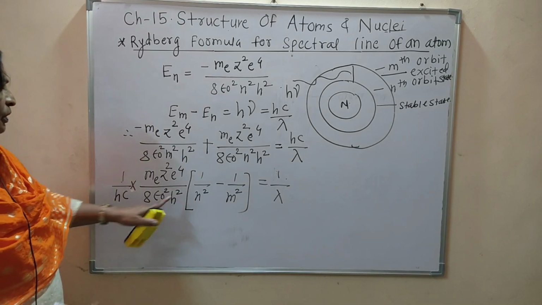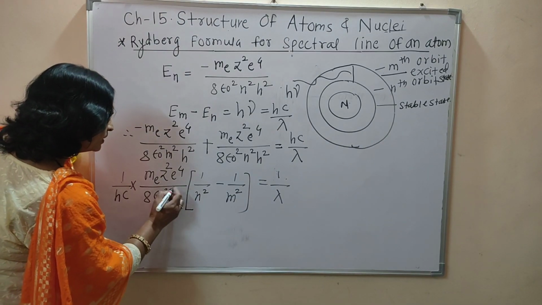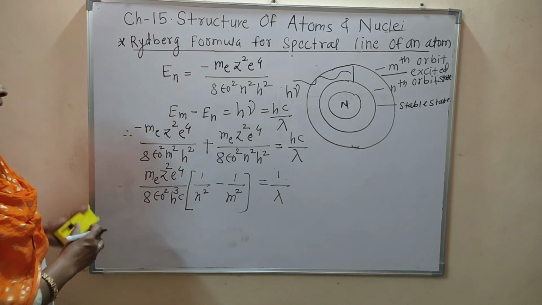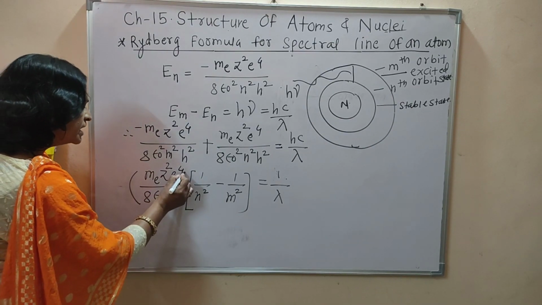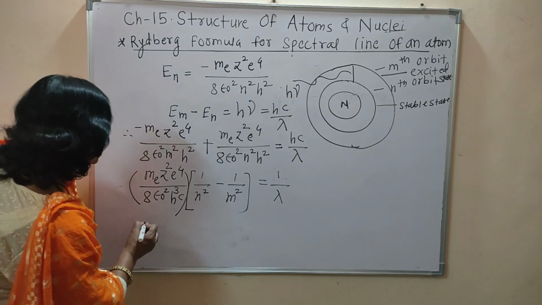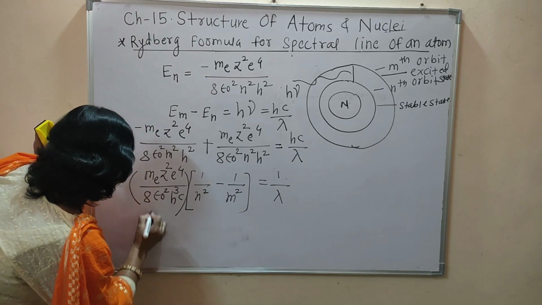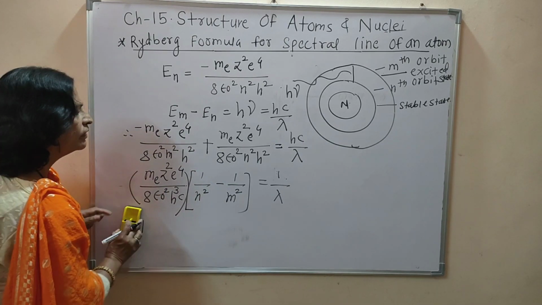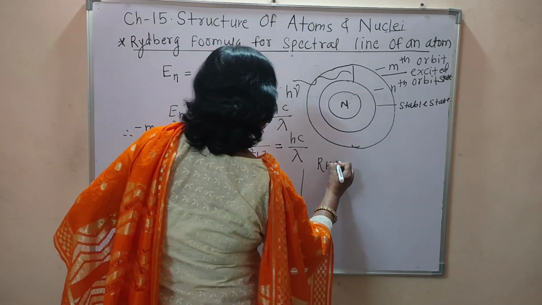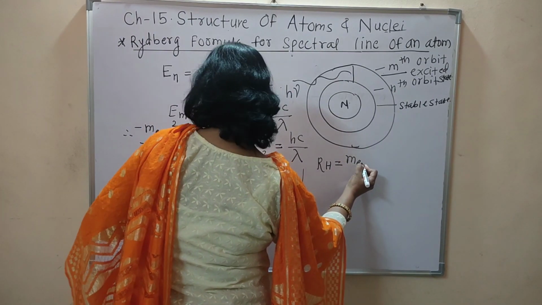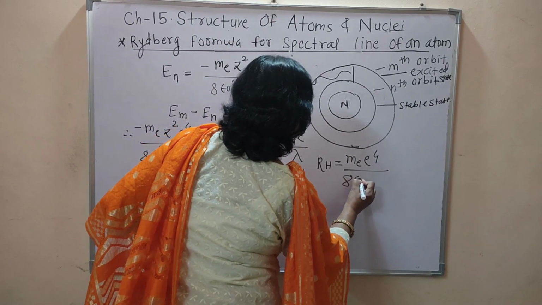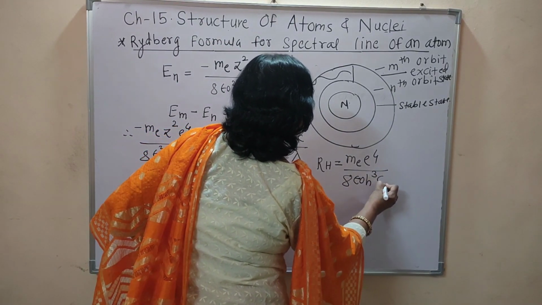Now this h into this h becomes h cube. Then this c is here, and this is the formula. Then the value of this bracket is nothing but the Rydberg formula, and therefore the value of RH is equal to m e raised to 4 divided by 8 epsilon naught square h cube and c.